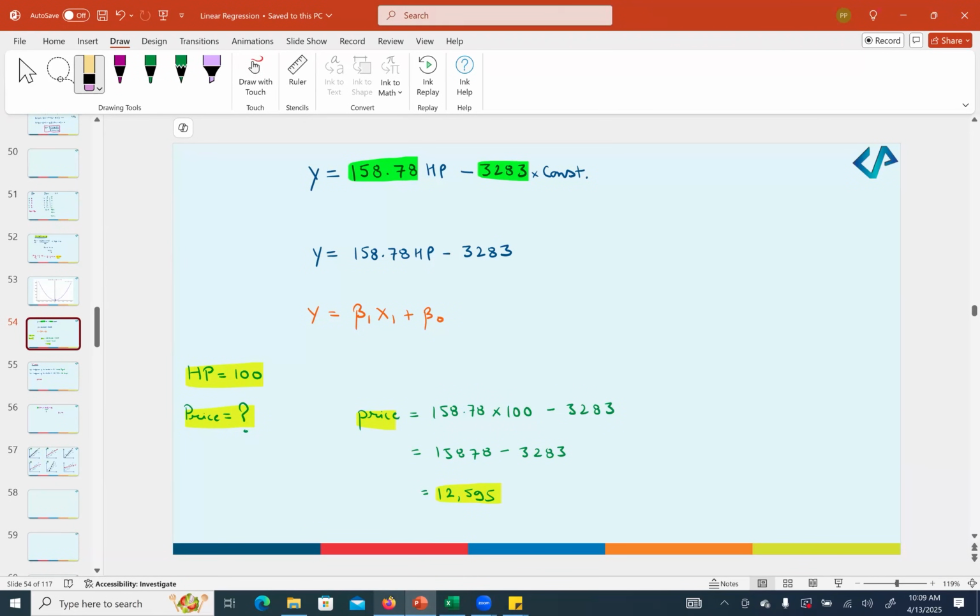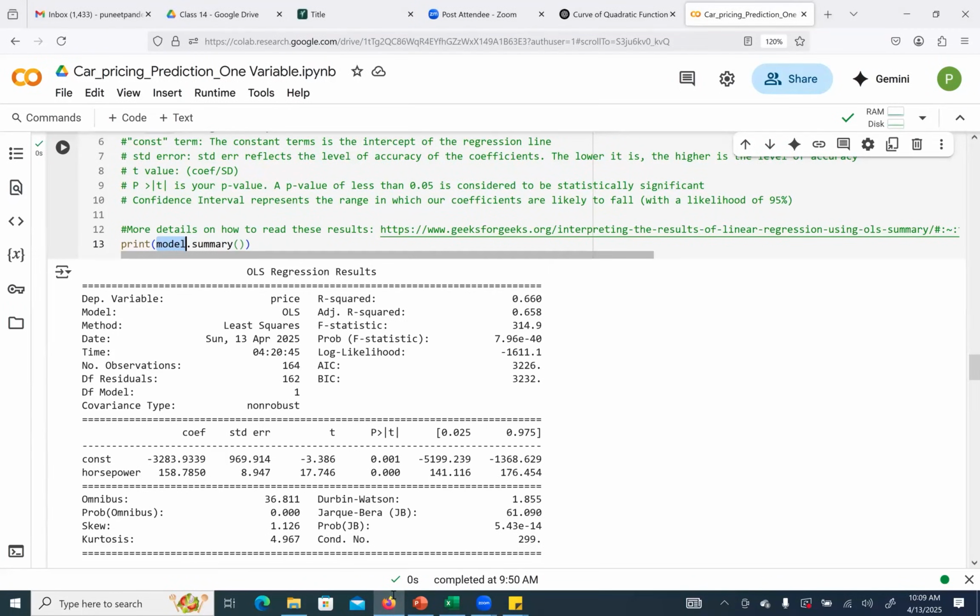Why do you think we are removing or rejecting this? I just thought it is in minus. No, that doesn't matter. Even if it is negative, it is fine, no problem. Being negative is nothing related to whether it is important or not. Sometimes there are a few variables which are negatively related with the target, which is fine.